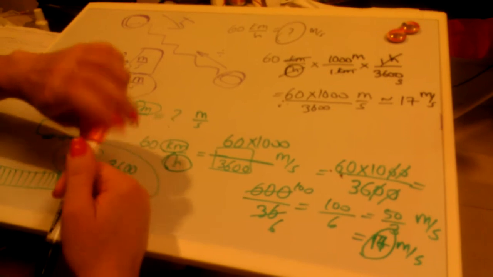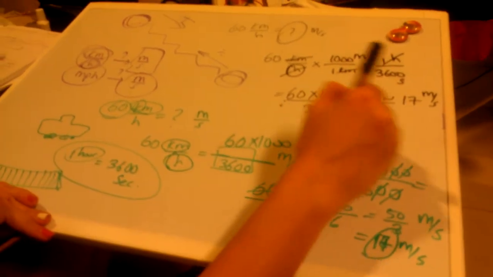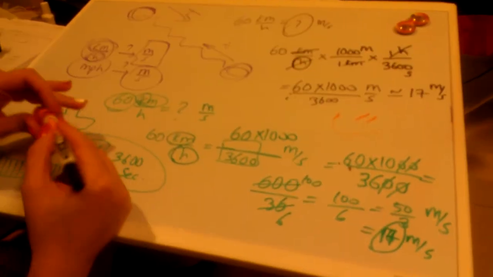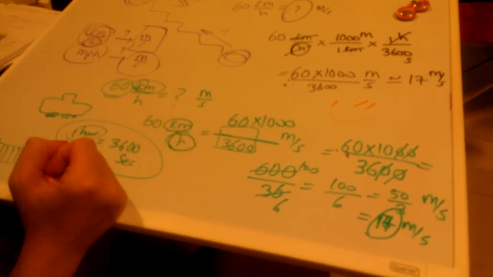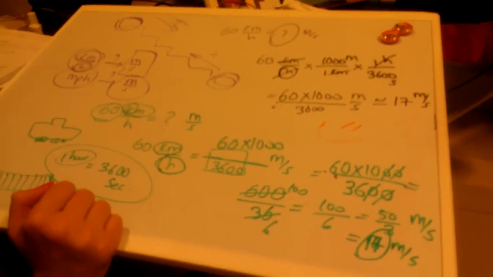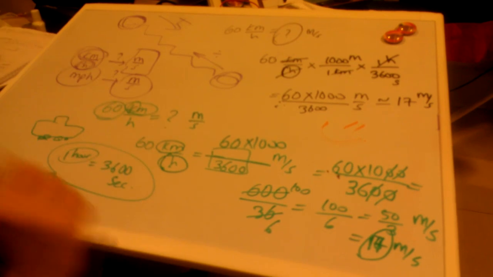As long as you get the same result, you're good to go. So either way, make sure which one is more comfortable for you. Get your hands dirty on it, do as many problems as you can, and just make sure you get it.